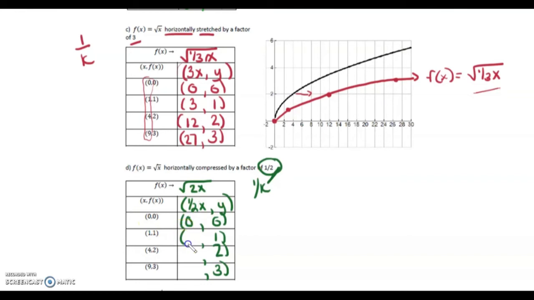So half of 0 is 0, half of 1 is a half, half of 4 is 2, half of 9 is 9 halves, or like 4.5. Okay, so we have 0, 0, a half and 1, 2 and 2, 4.5 and 3.